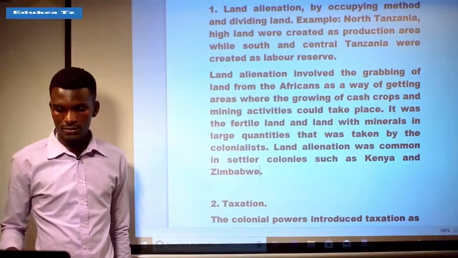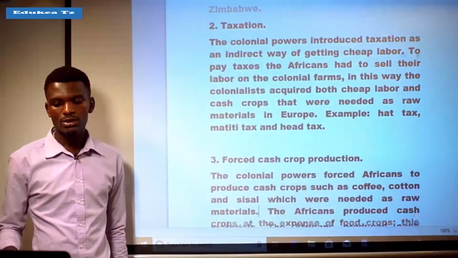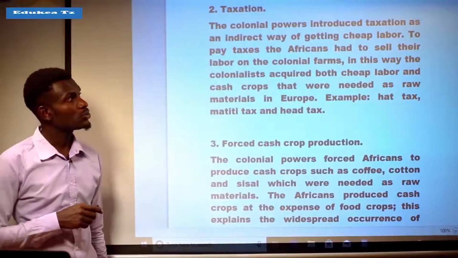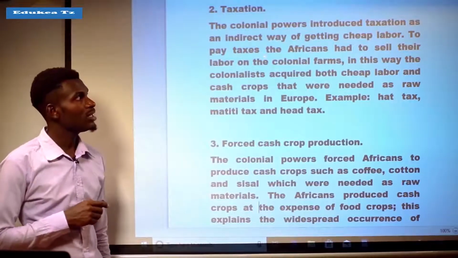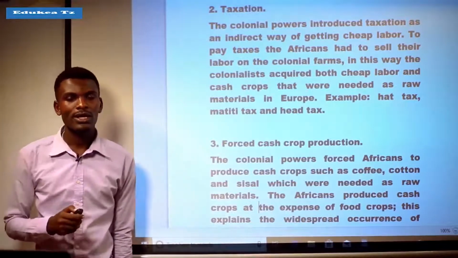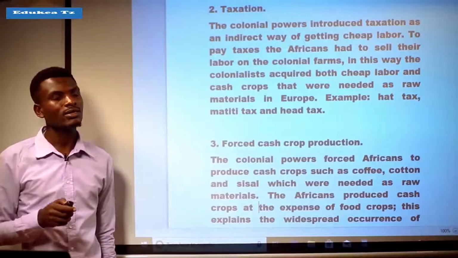The second element which was created was taxation. The colonial powers introduced taxation as an indirect way of getting cheap labor.